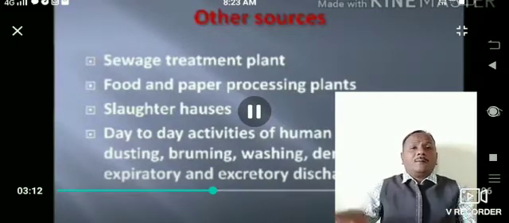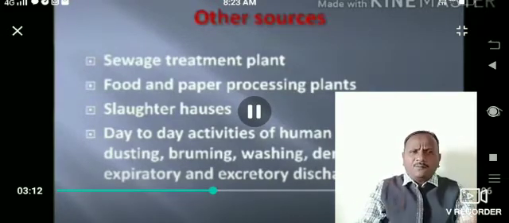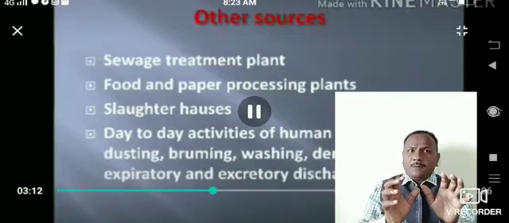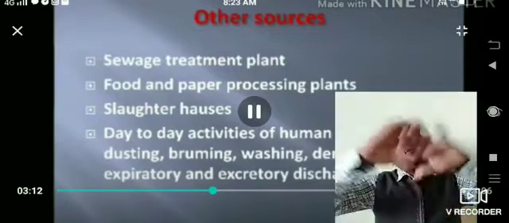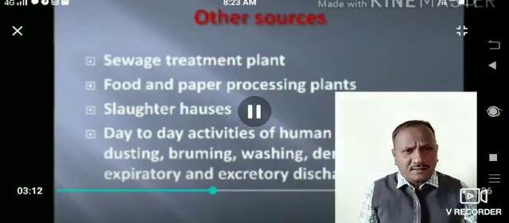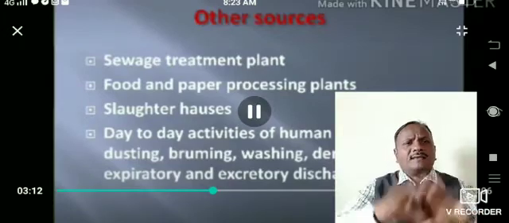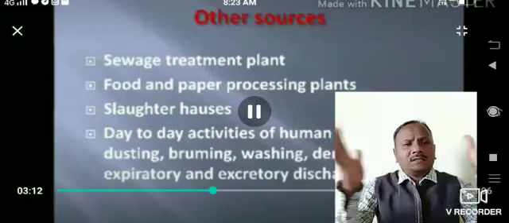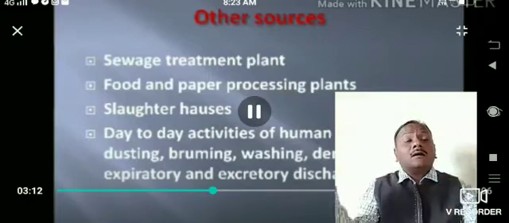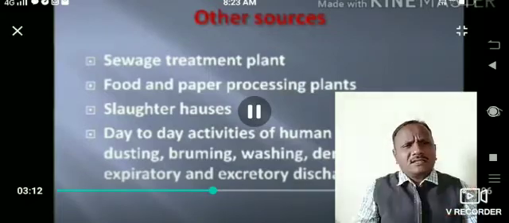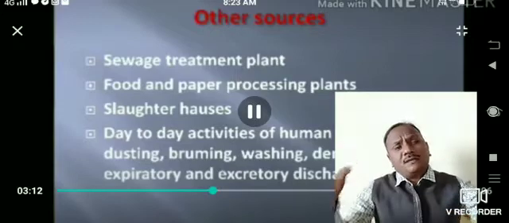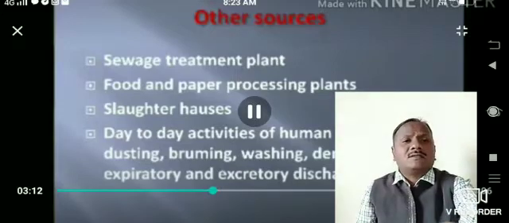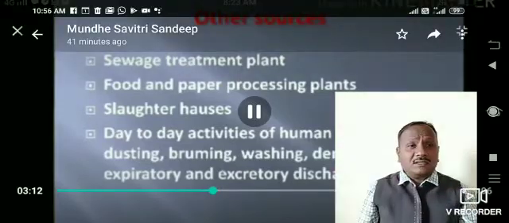Then food and paper processing plants, and also a number of industries: pharmaceutical, antibiotic, vaccine, bakery product, beverage, chemical, clothing, textile and petroleum industries.